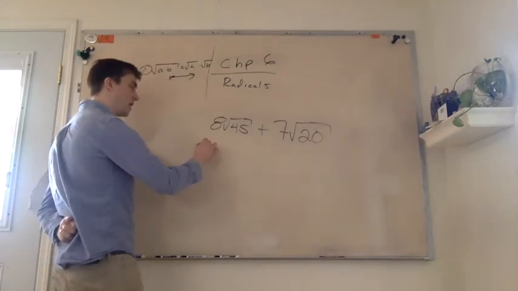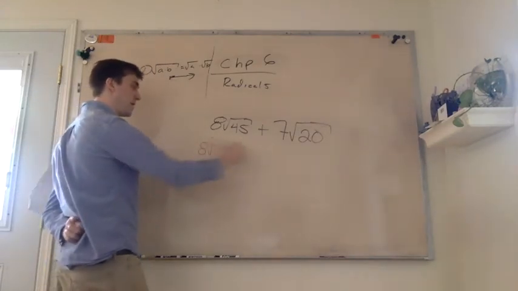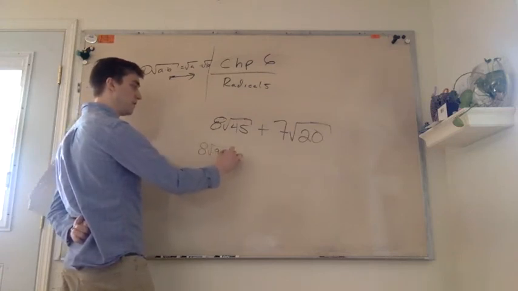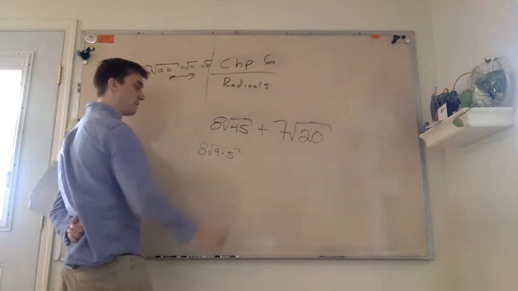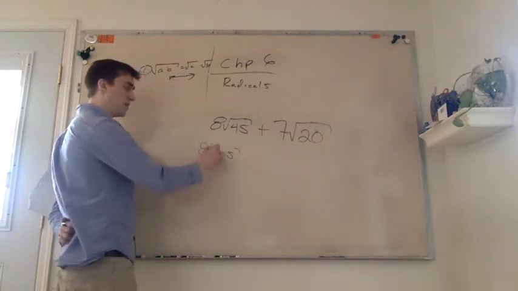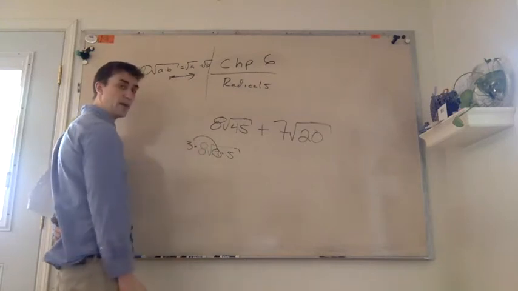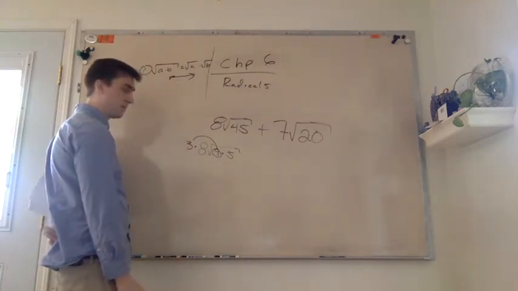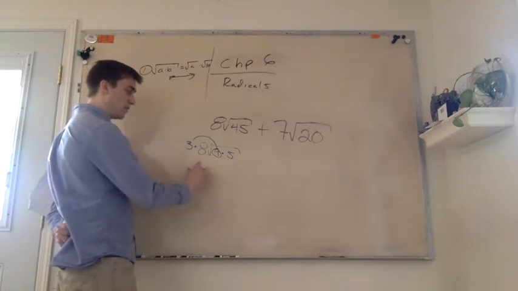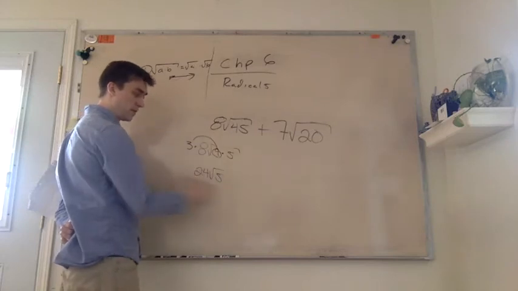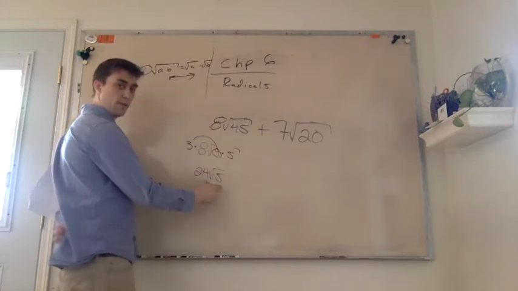All right, so 45 can be written as 9 times 5. And then this 9 can be removed as a 3, which will multiply by this 8. So 3 times 8 is 24 root 5. 8 root 45 simplifies to 24 root 5.